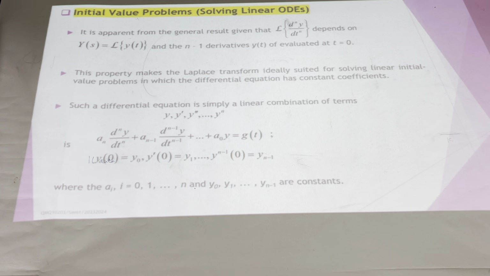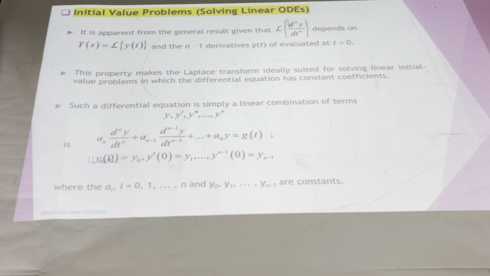For example, let's say you have y plus 2y prime equal to 2. This is a linear differential equation. By linear, I mean y is the dependent variable. We have y, and we also have the derivative of y, which is y prime.